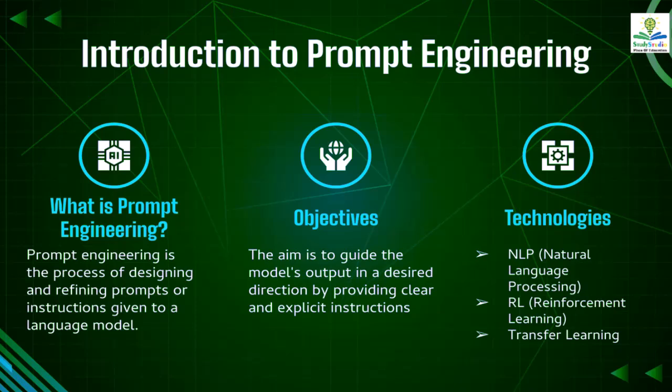So let's move on to the next one here, RL, which stands for reinforcement learning. Reinforcement learning is basically a machine learning approach where an agent learns to make decisions by interacting with an environment and receiving feedback or rewards. So in prompt engineering, RL can be used to fine-tune language models based on feedback from human evaluators or users. By applying RL algorithms, prompt engineers can iteratively optimize the model output by reinforcing desired behavior and adjusting prompt formulations.